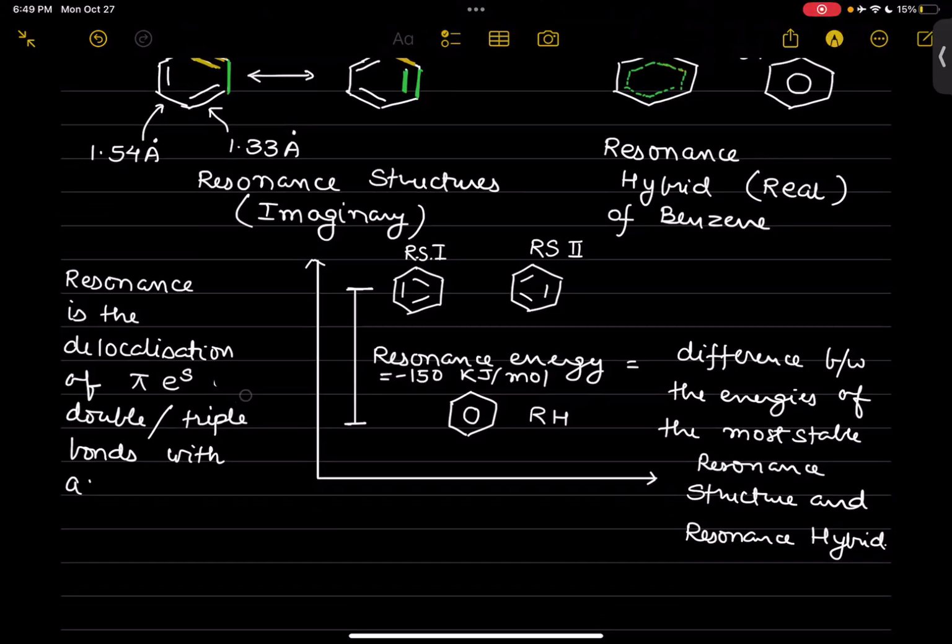It is the delocalization of pi electrons, lone pairs, or unpaired single electrons, which are known as free radicals, with an adjacent double bond or a triple bond.